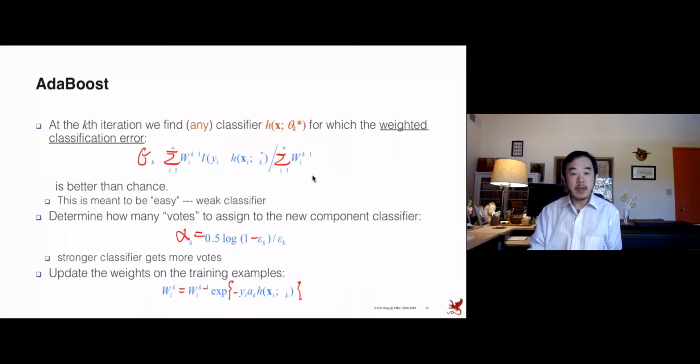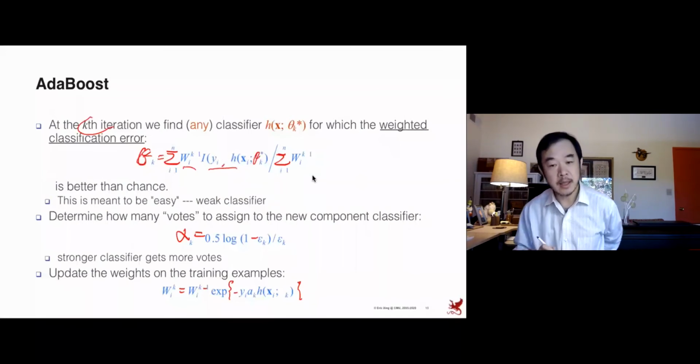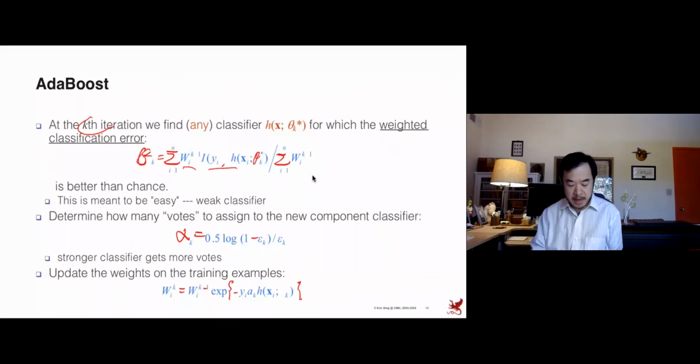For every round, in the k-th iteration, I compute a sigma k equal to, now you can see, the weighted sum of errors. This I of y and h is basically just here. Sorry for missing all these symbols. Hopefully in the handout you see it, right? So this I function is what you count on the classification error.